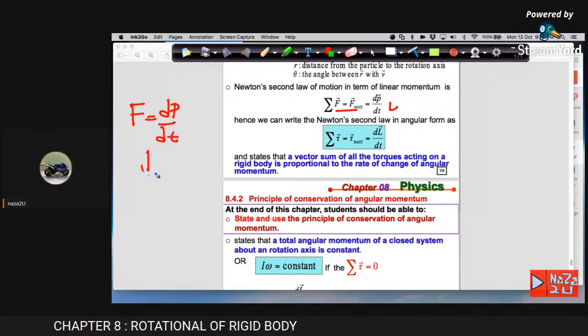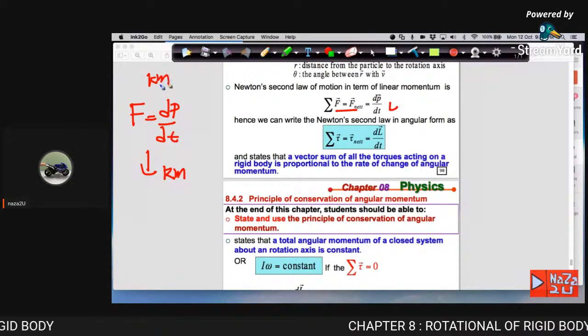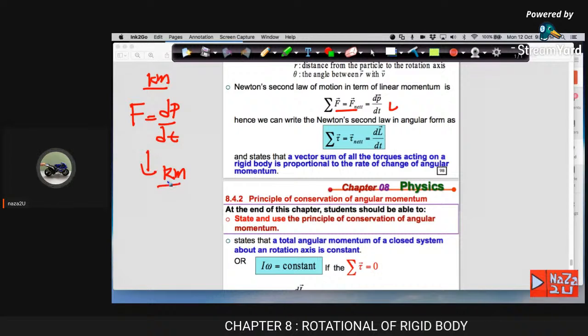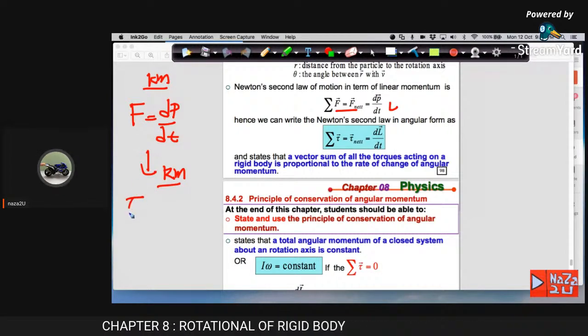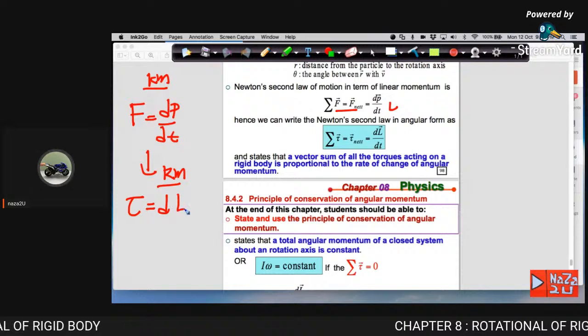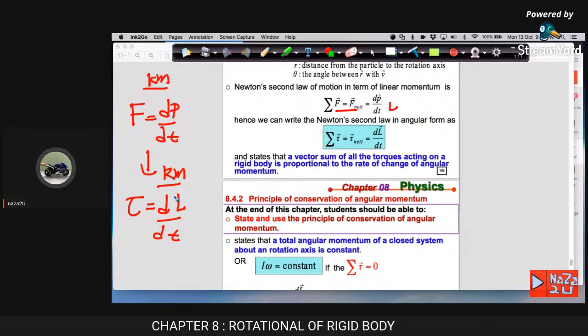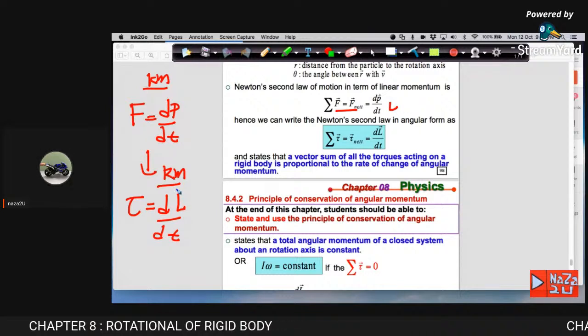So dalam rotational motion, kalau rotational motion, force kita kaitkan dengan torque. So torque juga adalah sama dengan angular momentum L divided by T. Dia sama, ulang benda yang sama pada situasi yang berbeza sahaja.